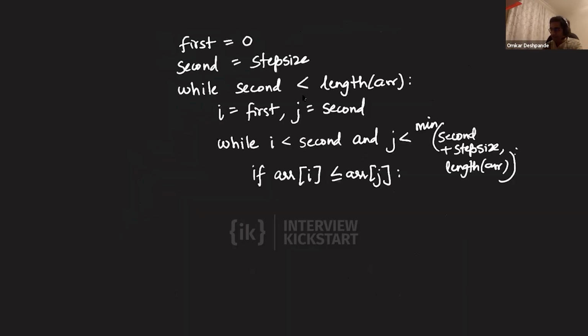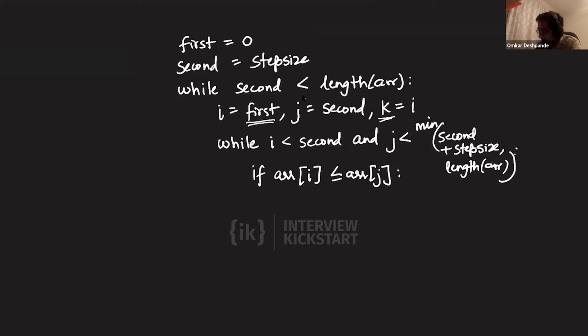So when I start out here, I'm going to set my k index, which is the next place where the auxiliary array will go, to also be equal to where the i pointer started. So I can say k is first, or I can just set k is i. But remember, this is the index in the auxiliary array, not the original array. i is the index in the original array.